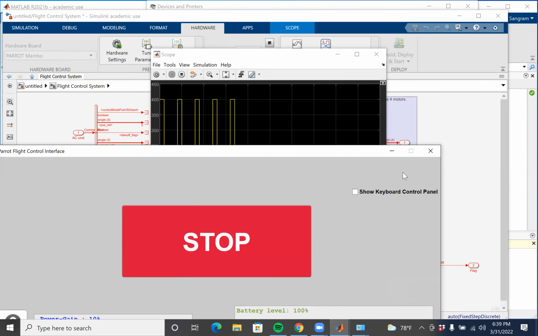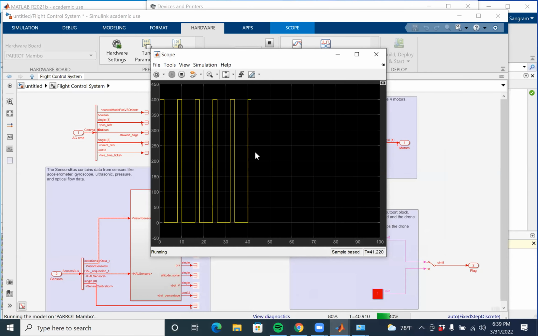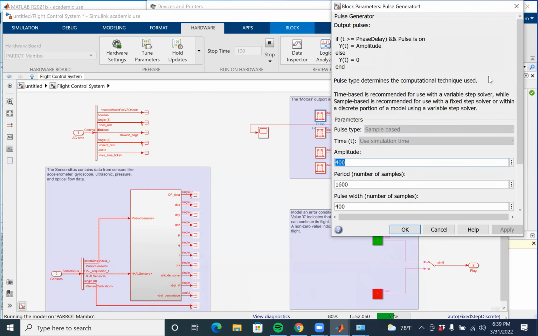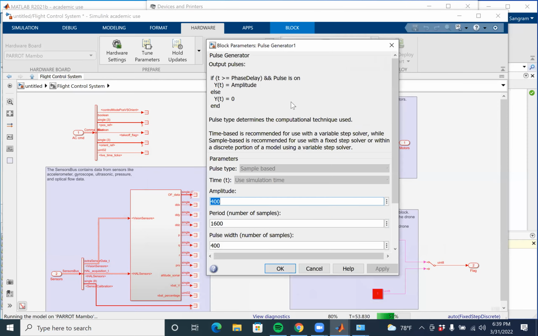I'm going to stop and I want to look at this PWM very carefully. I want to know the characteristics of this PWM. So I'm going to click on this PWM block. This PWM block shows you the parameters for the PWM. Got it? No? Okay.